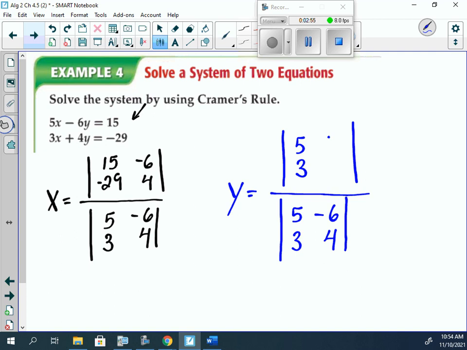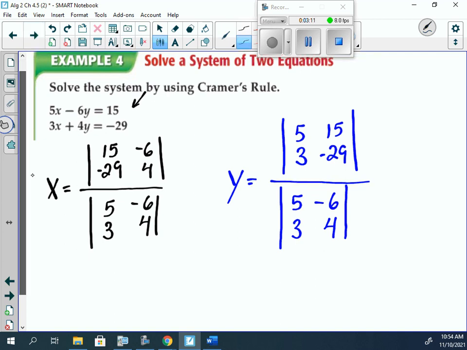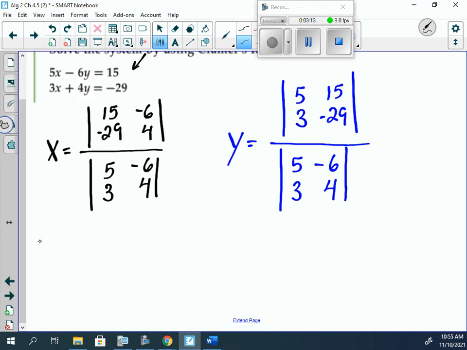The next two are going to be -29. But since we're solving for y, we're putting what the equations are equal to in the y value spots. Okay. Questions on how we set this up for x or y?